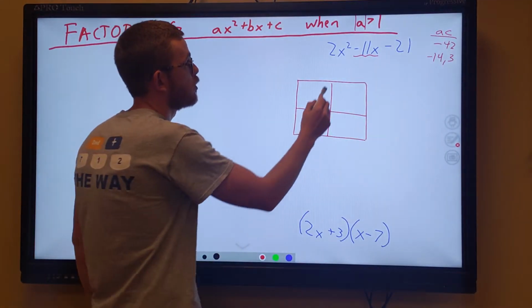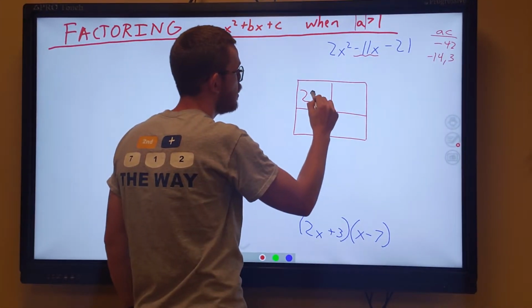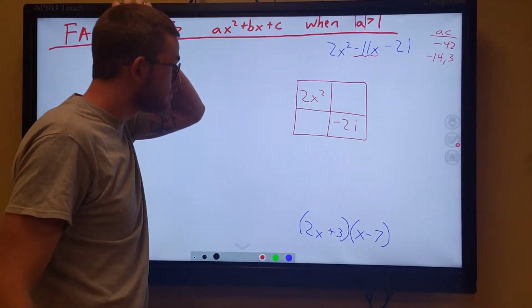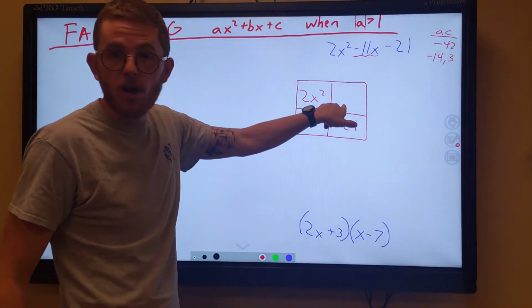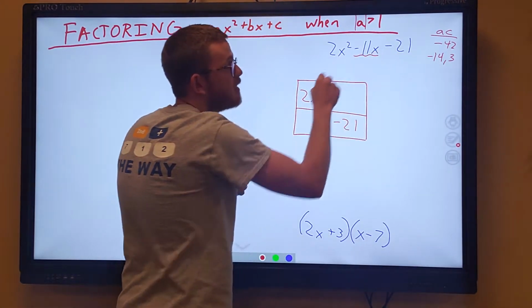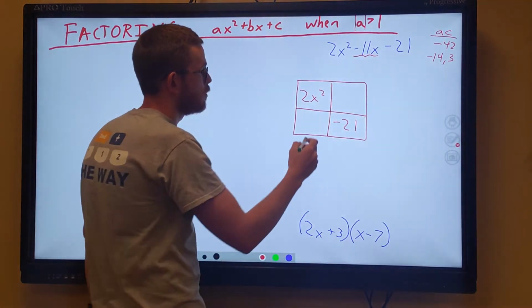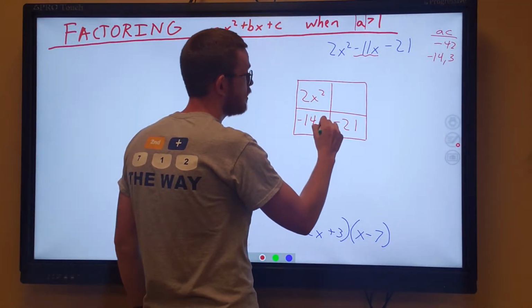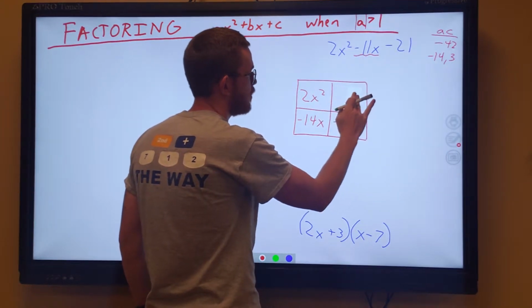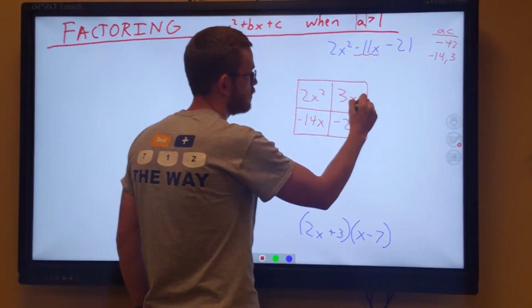For the box method, we're going to use our 2x squared and our negative 21. In the other two boxes, we're going to use what we had that comprised the middle, which is our negative 14x and our positive 3x.